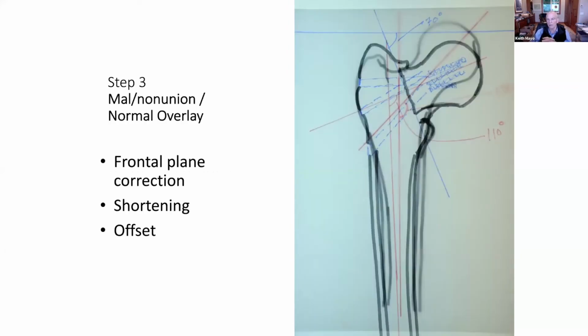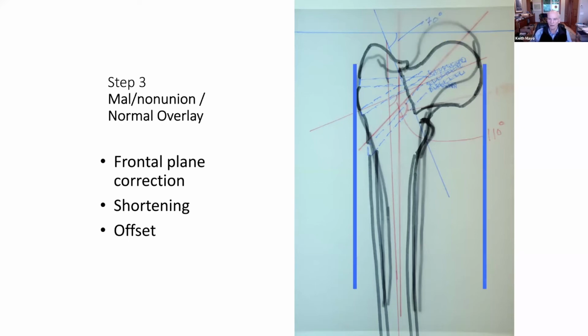And on the overlay, we're going to line up primarily the lesser trochanters because that's normal anatomy. And then we'll look at, sequentially, our frontal plane correction, which is roughly 25 degrees transposed to 30. We're going to look at leg length discrepancy, which should correlate with what we've measured clinically.